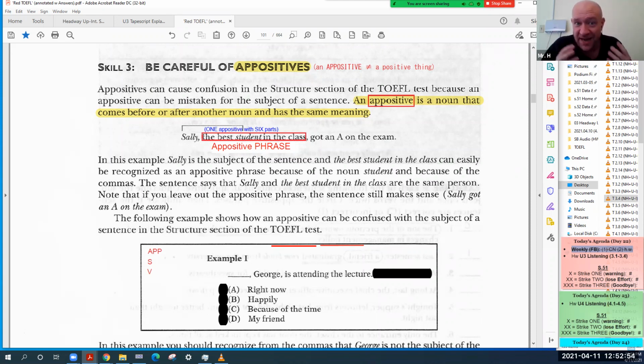It's an adjective clause. But an appositive is always a noun.